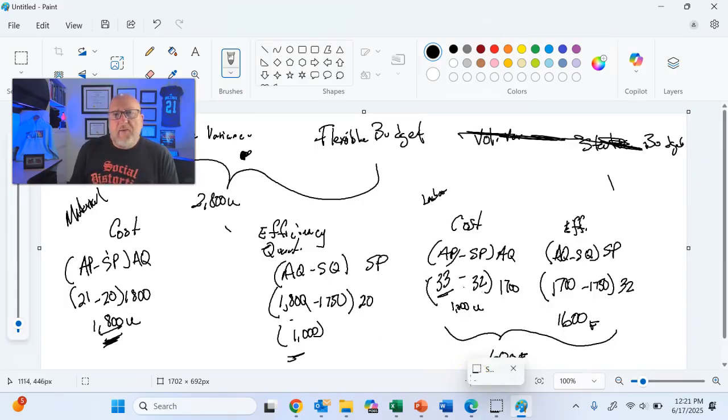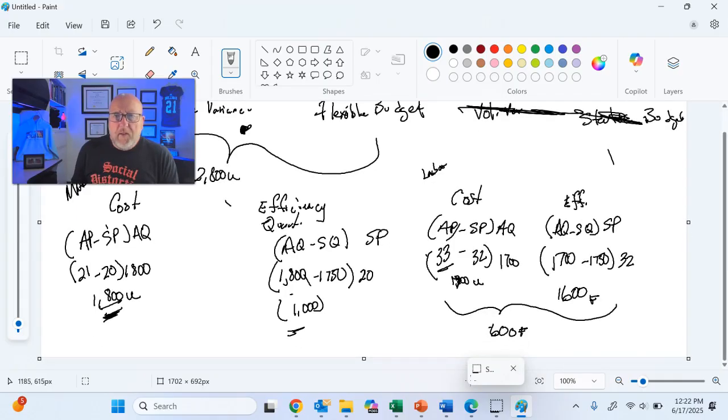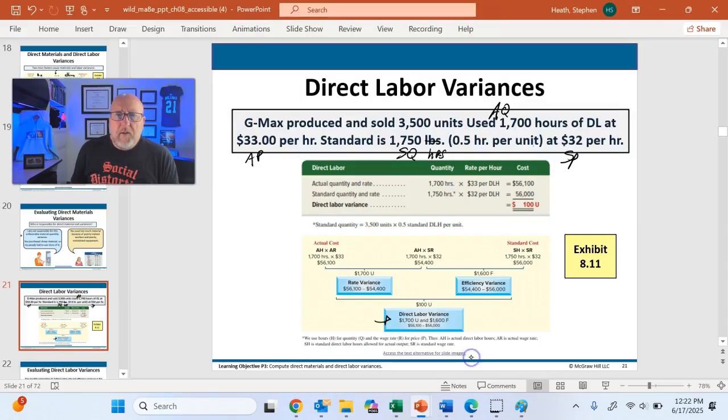I did 33 minus 32 times 1,700. Oops. So this should be 1,700. And then the total should just be 100 unfavorable. And that's what we got. 100 unfavorable for labor.